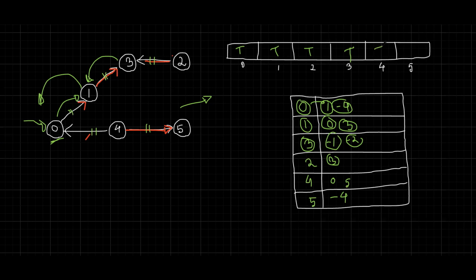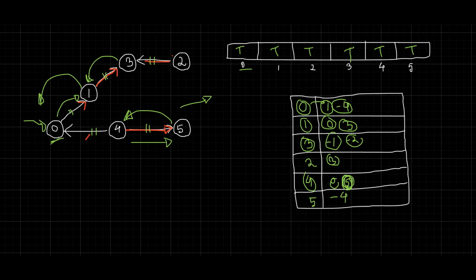So let's make 4 visited. Now from 4, we can go to 0 and 5. 0 is already visited, and let's make 5 visited. So here, for this 5, it is a positive value. That means there is an outgoing edge from 4. So we have to reverse this edge.